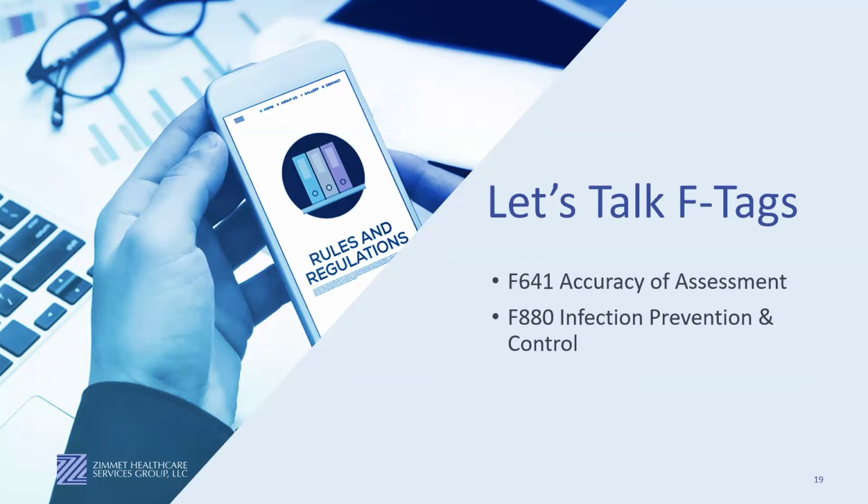But again, it's our data profile. So if we're coding every single UTI, for example, saying it's urosepsis and coding septicemia, the data that we're putting out is that we have a lot of sepsis in our facility. Is that something that we want to be reporting, that we have a lot of residents with septicemia, especially if they were not just coming back from the hospital? That's other data that CMS can see.